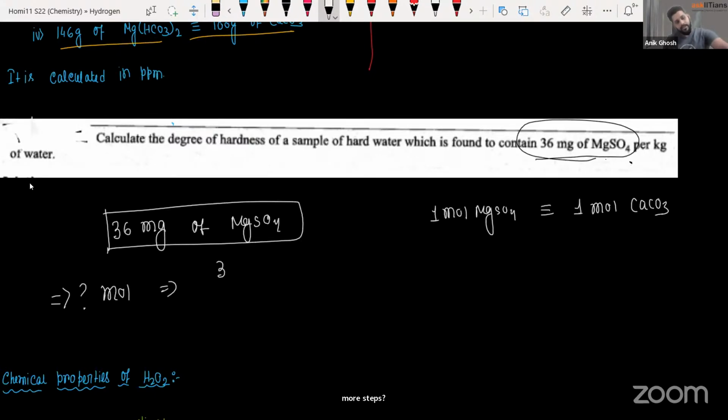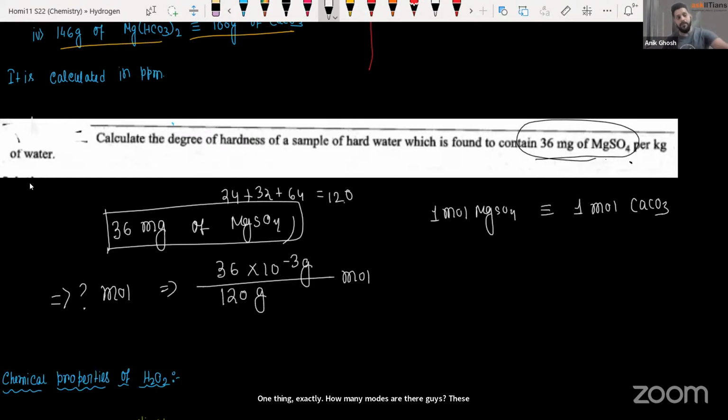So 36 into 10 to the power minus 3 grams divided by the molecular mass of MgSO4. What is it coming to, guys? Magnesium is 24, sulfur is 32, oxygen 64, so 120. Exactly, 120. So how many moles are there, guys?